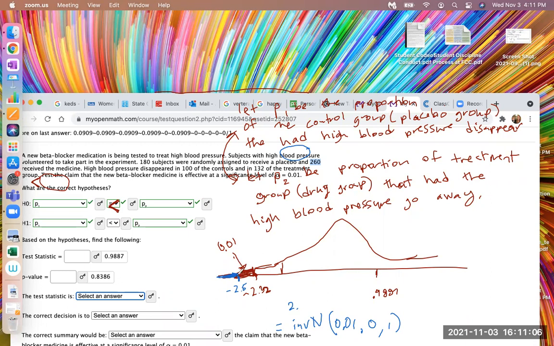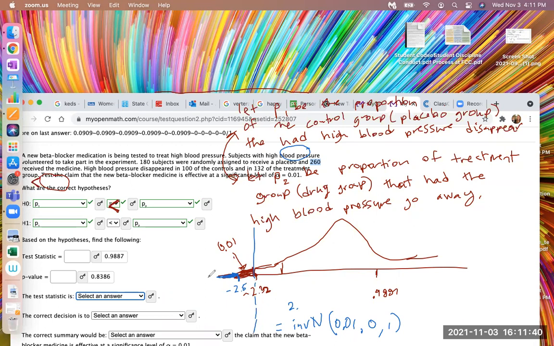So any sample that would cause us to have a test statistic smaller than negative 2.32 would cause us to reject the null hypothesis. So this region, just cut it off right here.